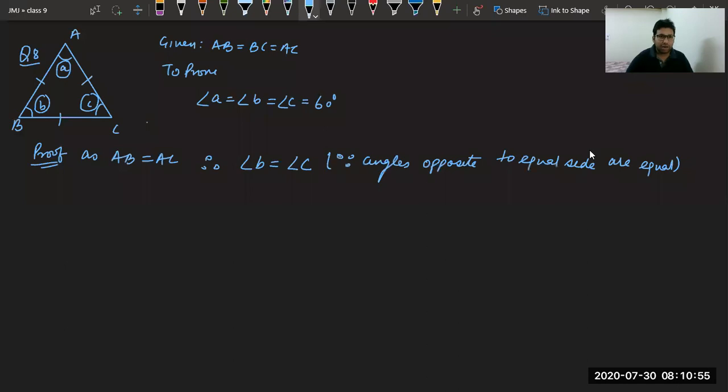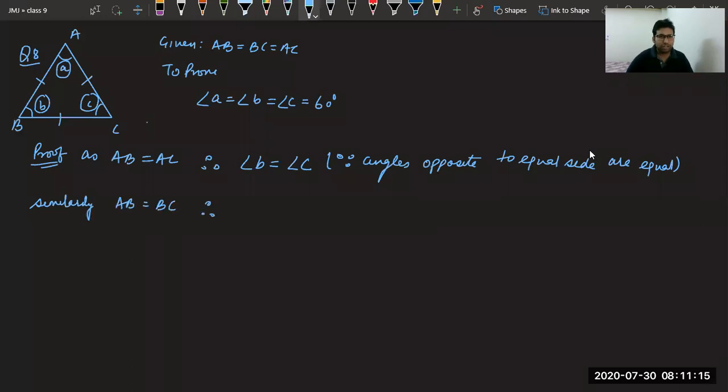Similarly, I have to bring angle A also in the game. To bring angle A in the game, what will I do? I will say similarly, AB is equal to BC also.